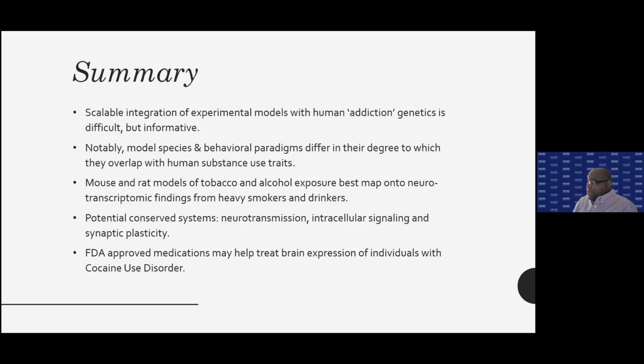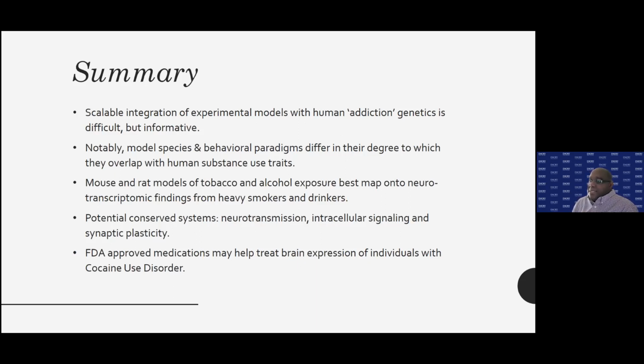And that kind of makes sense. We expect that if we have models reflective of heavy exposure or heavy levels of use, then that should be highly correlated with heavy exposure models in humans, because we see a high correlation between level of exposure in humans and the severity of their substance use problems.